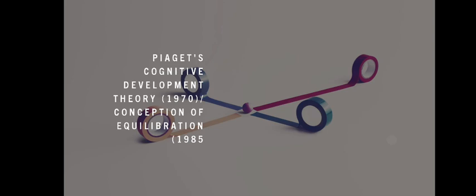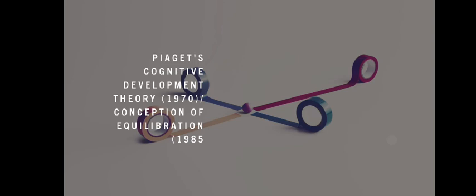This information is compared with existing cognitive structures. Number 2, accommodation. It has occurred when existing schemes or operations must be modified to account for a new experience. Number 3, equilibration. It is the master developmental process encompassing both assimilation and accommodation.